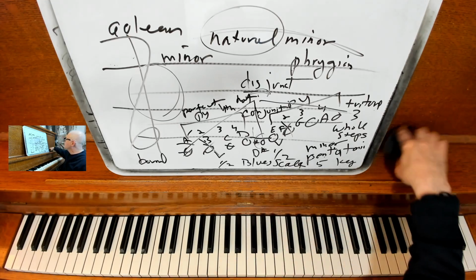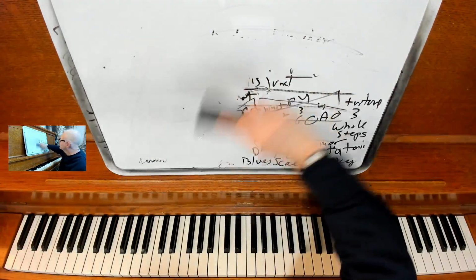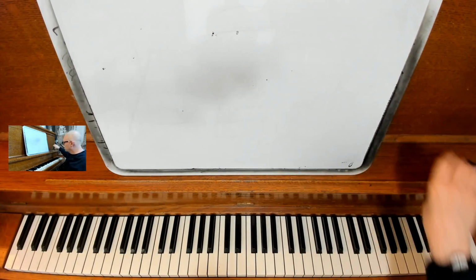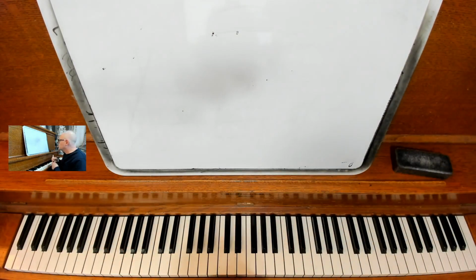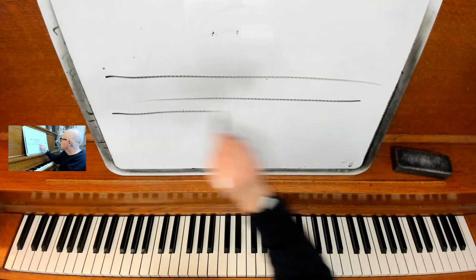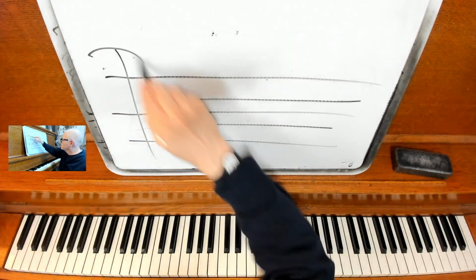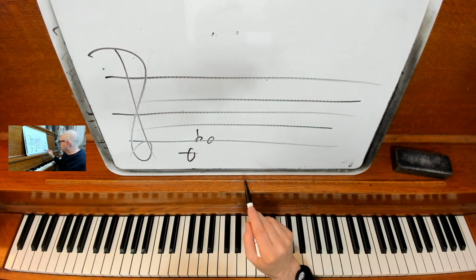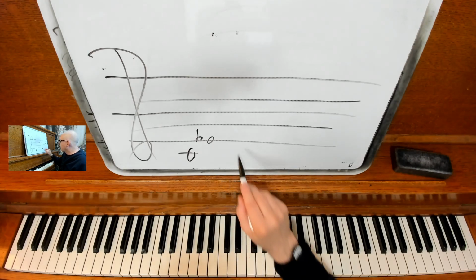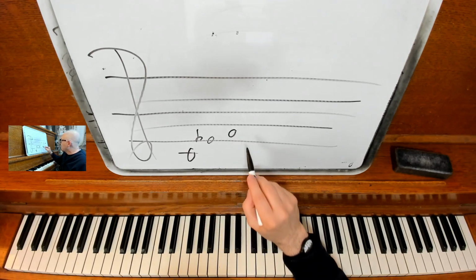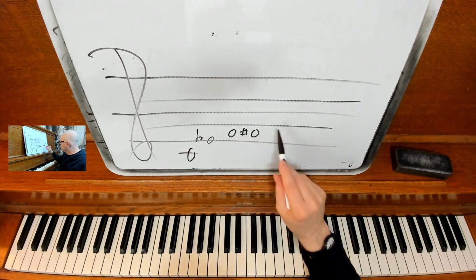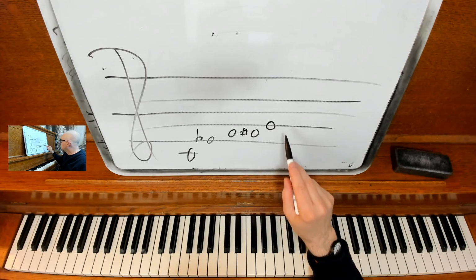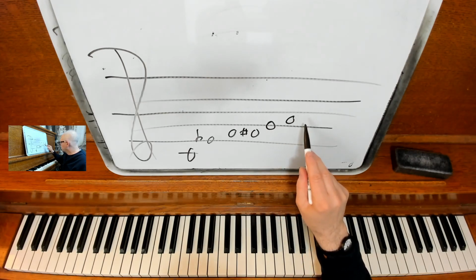So let's do another one. All right, we'll do a few of these so you can kind of catch on. Okay, let's catch on here. Let's do one in C. We'll do a C. So C, E flat, F, F sharp, G, A, and did I write that?